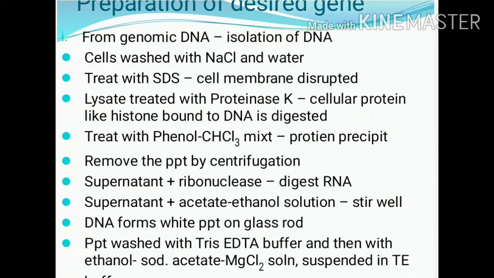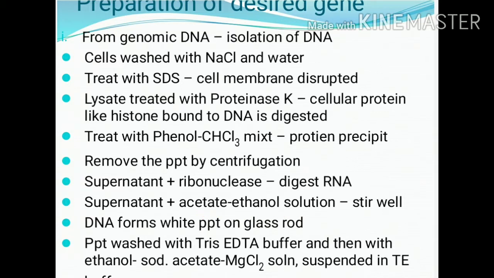to DNA are digested. After centrifugation, the supernatant is treated with phenol chloroform mixture to precipitate the protein part. Again centrifuge, and the supernatant is treated with ribonuclease so that the RNA will be digested, and again centrifuge and treat with acetate ethanol solution.